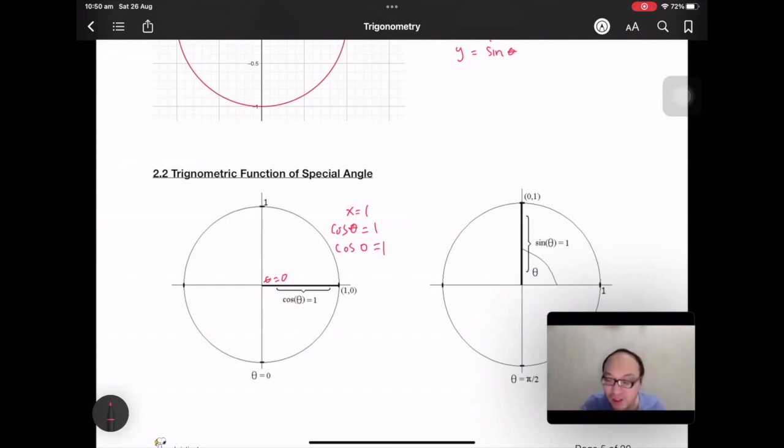And for the y direction, y equals sin theta, and theta here is pi over 2 or 90 degrees. So sin 90 equals 1.